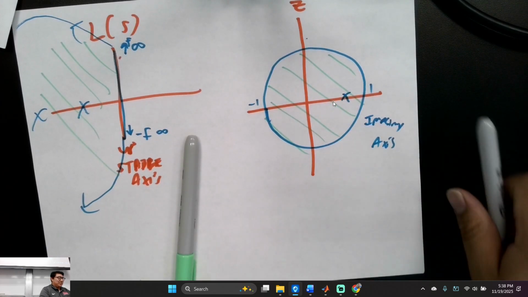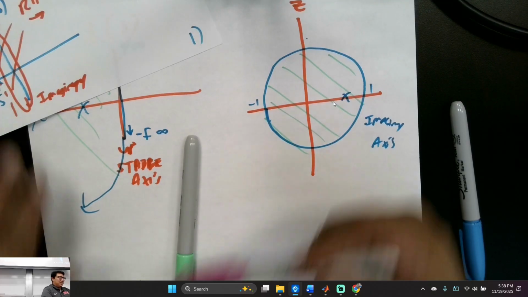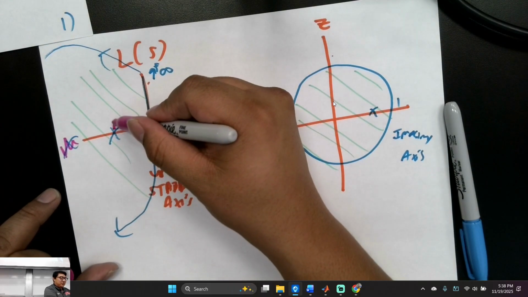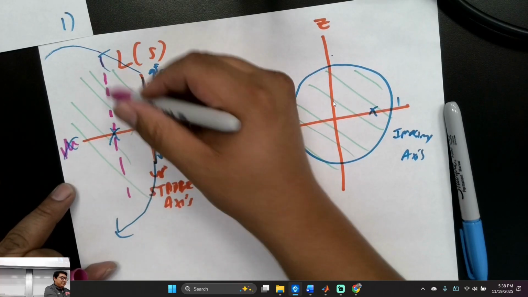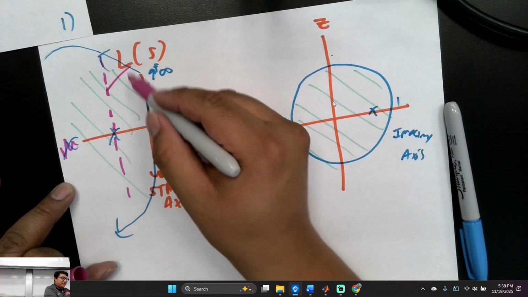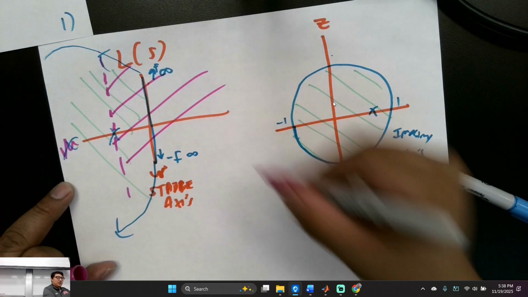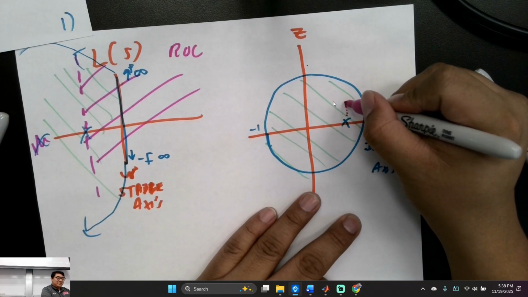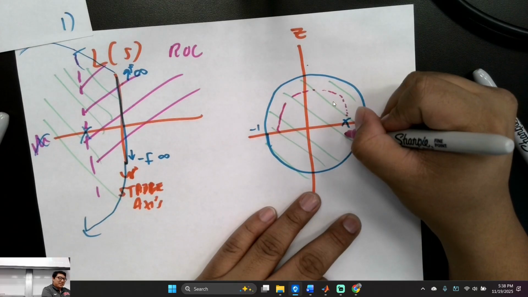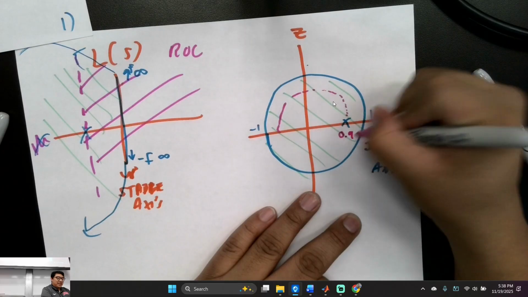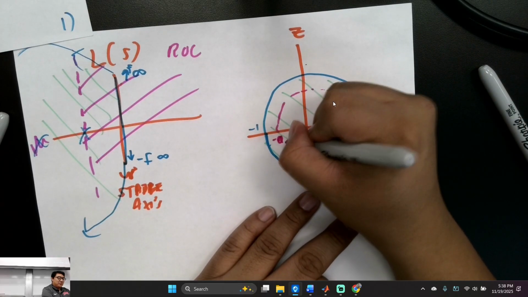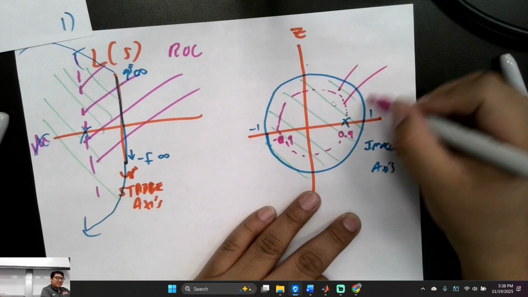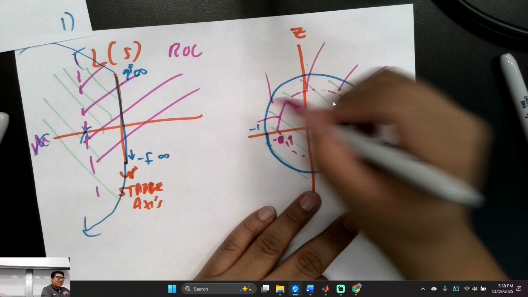Because if I were to draw a region of convergence as this purple color, let's ignore this pole for a second. ROC, okay? If I were to do the same thing for this donut, where this is at, I don't know, 0.9 and this right here is -0.9, draw that circle donut and draw a region of convergence like this, and then you'll just see this super donut.